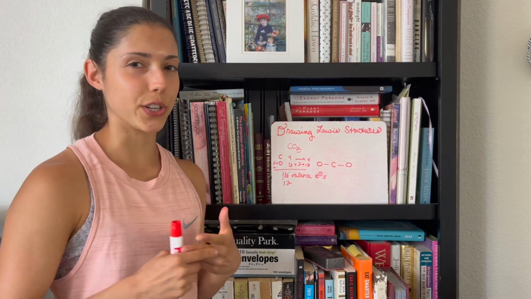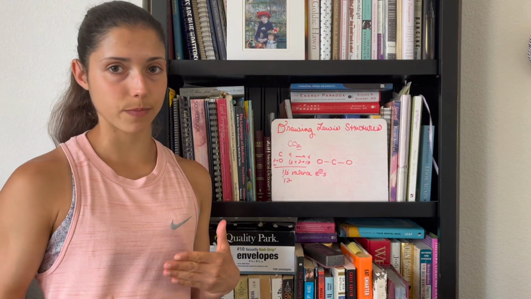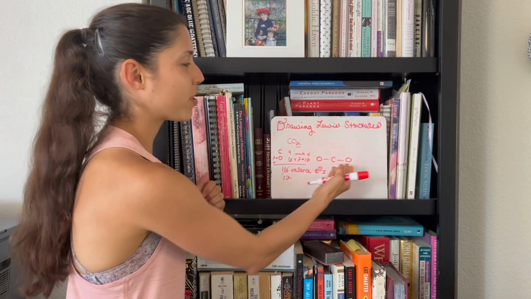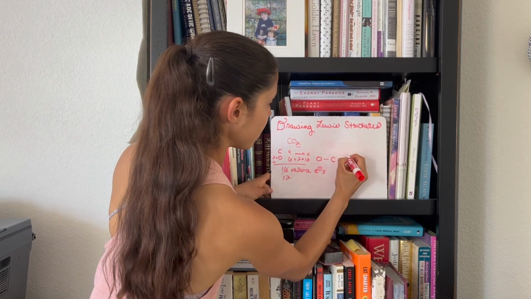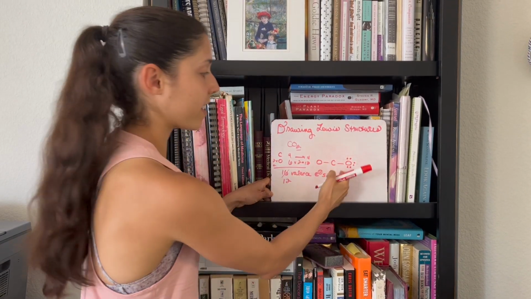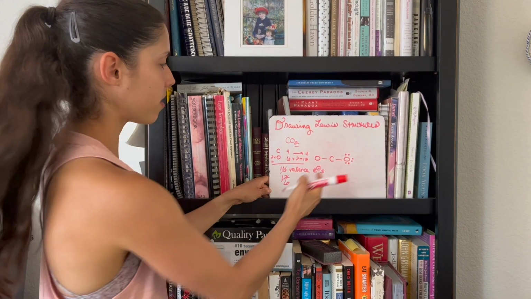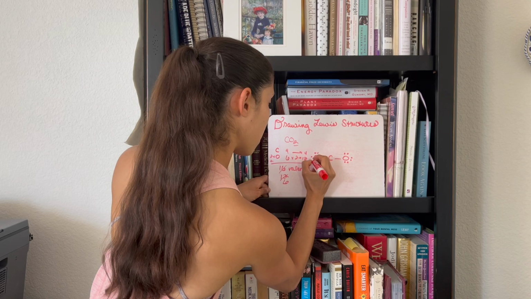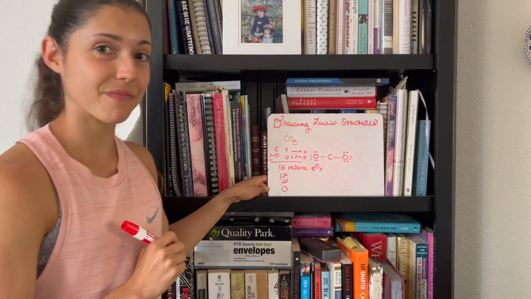Next, since all of them are attached, I'm going to try to fulfill their octet rule, giving them access to 8 electrons total. So I'll pick the rightmost oxygen and give it 6 more electrons so that it has access to 8. Now I have 6 more to spend, and if I do the same thing to the other oxygen, I spend all of my electrons.